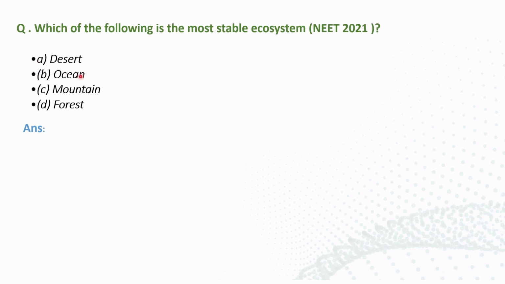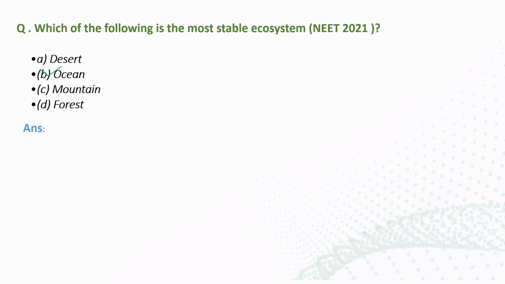Another thing is they also have stable abiotic factors like dissolved oxygen and salinity. Because of that also they can maintain the ecosystem properly. So because of all these reasons, normally the ocean is considered the most stable ecosystem here.